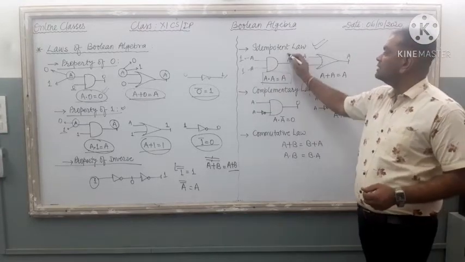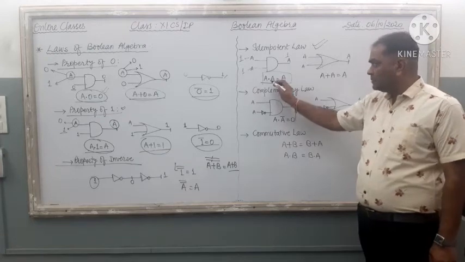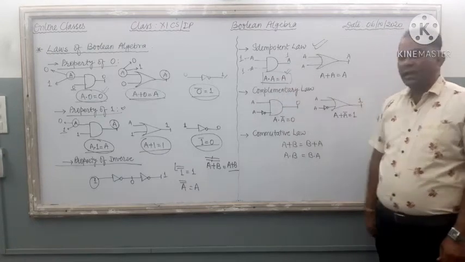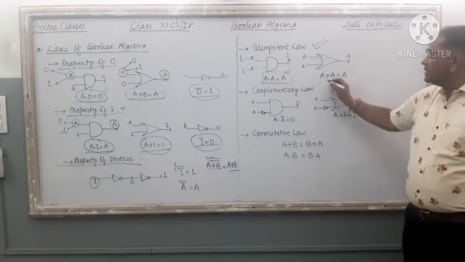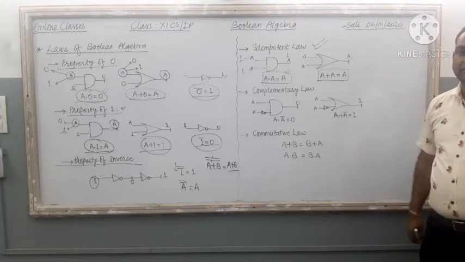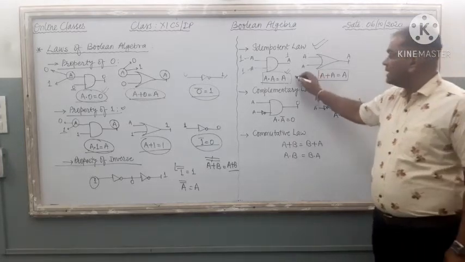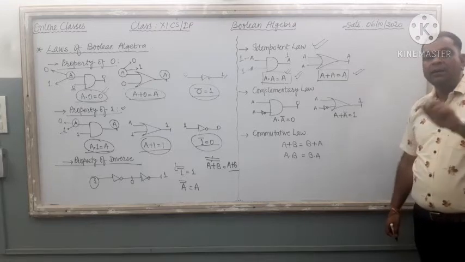So 1 into 1, what is the result? It is 1. Means A dot A equal to A only. The same thing is in the OR gate, A plus A, it is also equal to A. Right? So here it is, another rule of Boolean algebra. A dot A equal to A plus A equal to A.